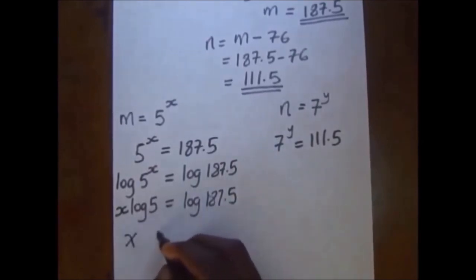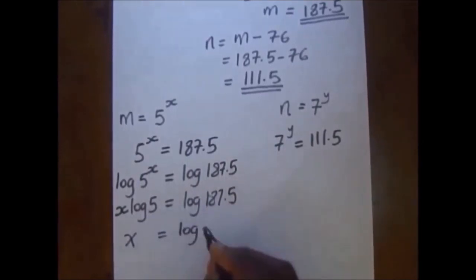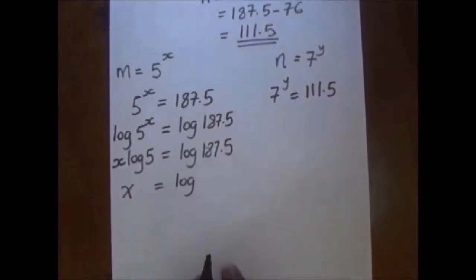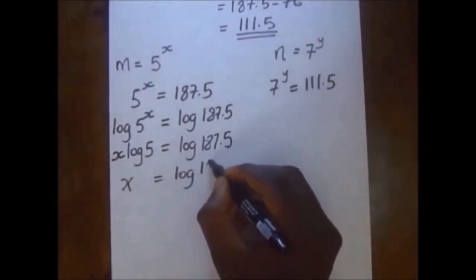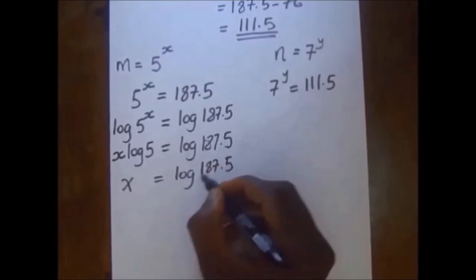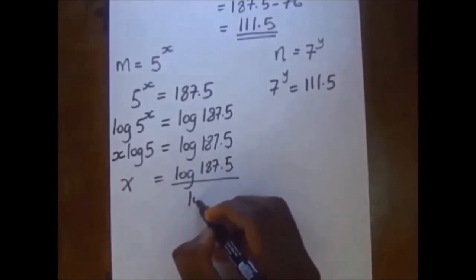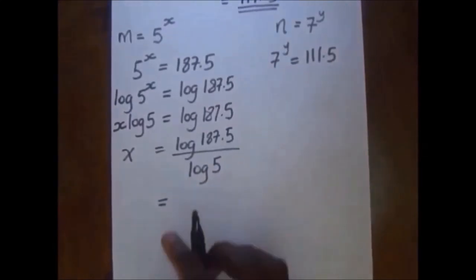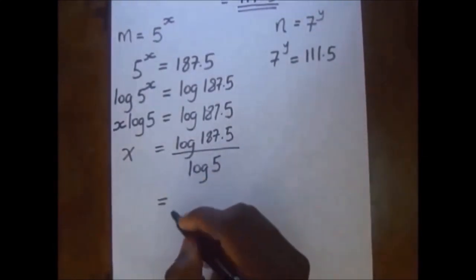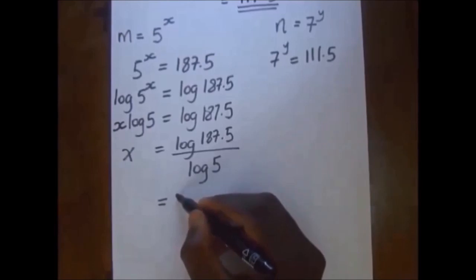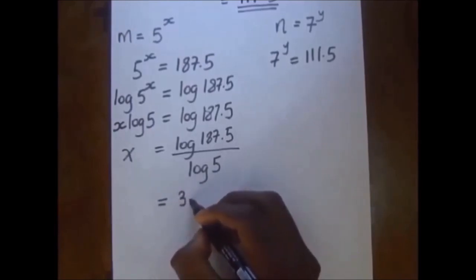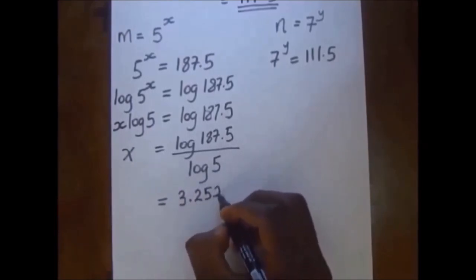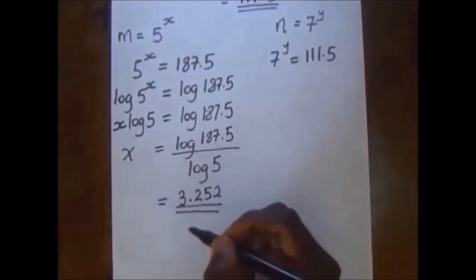So our value of x here is going to be the log of 187.5, divide that by log of 5. And what is our answer there? Log of 187.5 divided by that, we get one of the values of x as 3.252.